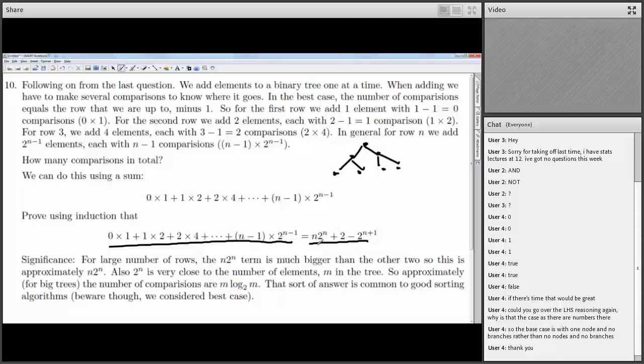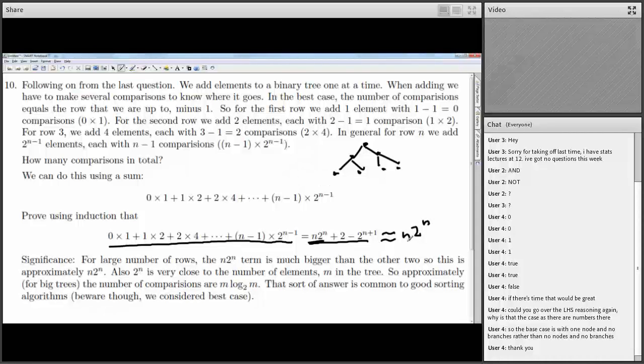If n gets really big, so if you've got a really big tree, then this front term gets much bigger than 2, definitely, and also gets much bigger than minus 2 to the power of n plus 1. So this here is approximately equal to n 2^n for big trees. Asymptotic is the fancy word for what I'm doing here, but when n is big, that's approximately what it's going to be equal to.